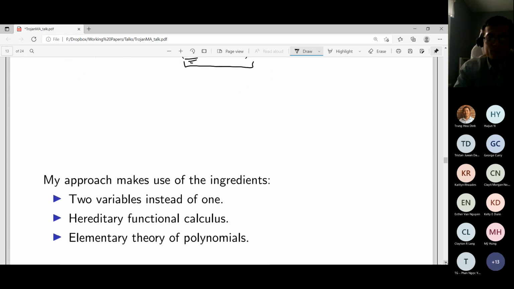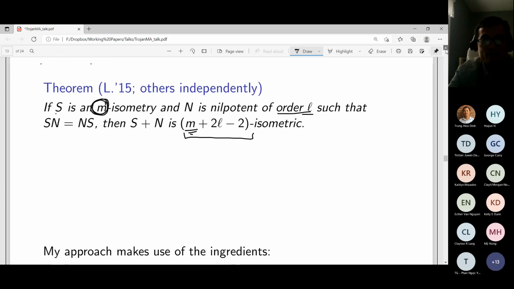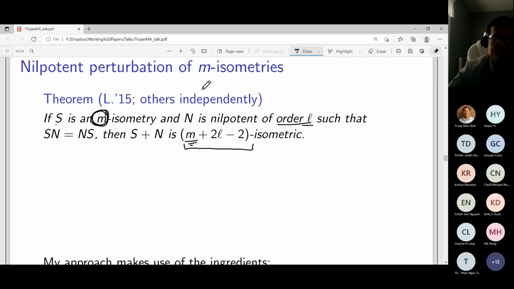So here's my approach. Make use of the following ingredients. First of all, even though it looks like one variable, because we talk about the sum here, which is a single operator to be something isometric, it turns out that it's easier if we split the two variables, like the hypothesis, two variables S and N separately, and then we combine them.